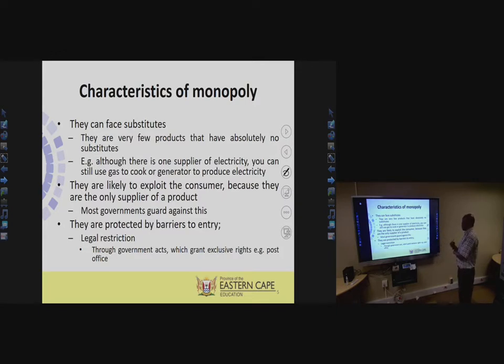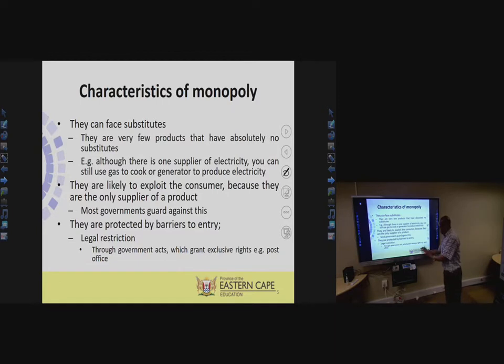Hence they talk of exploiting the consumer. Most governments guard against this. Governments will make sure that this one supplier does not exploit the consumers.